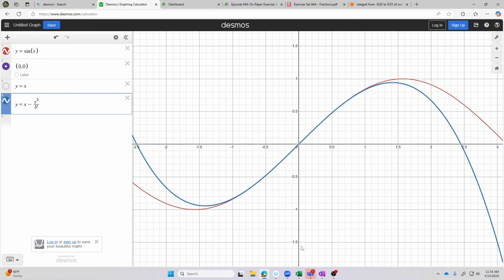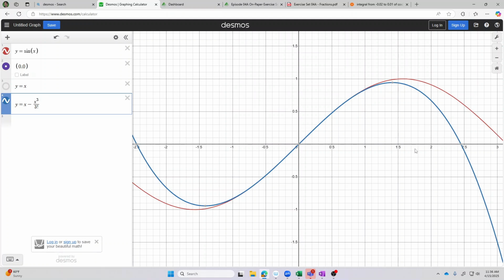Because sine of x is curved, and because the cubic functions are also curved, the cubic function is able to stick closer to sine of x for a longer period of time. Even over here at x equals 1, the Taylor polynomial and the sine of x function are very close to one another, very much overlapping on this graph. So the Taylor polynomial of degree 3 is a better estimate for a longer period of time than the linear approximation.